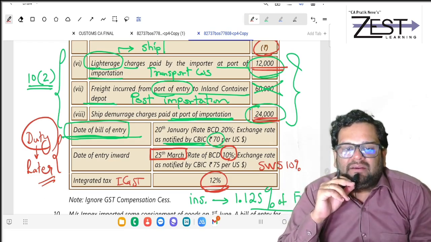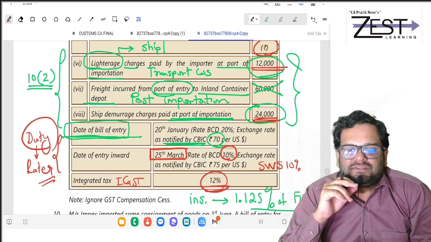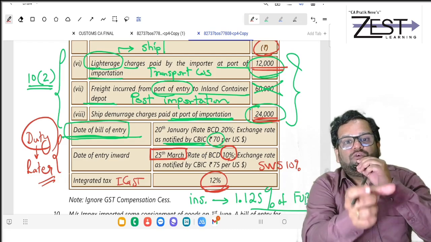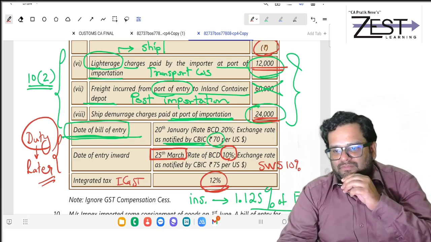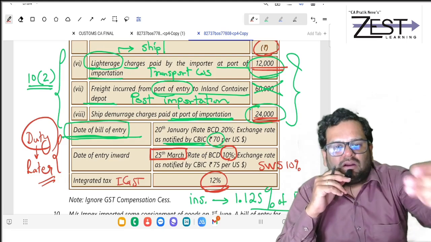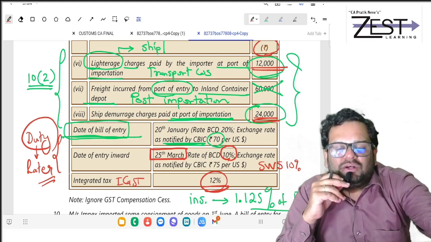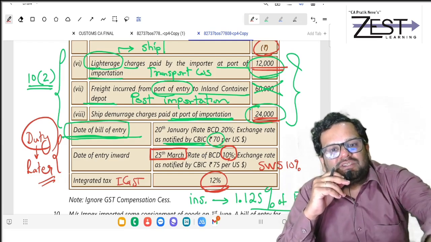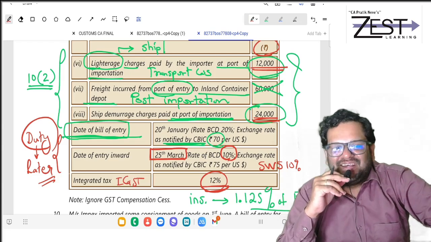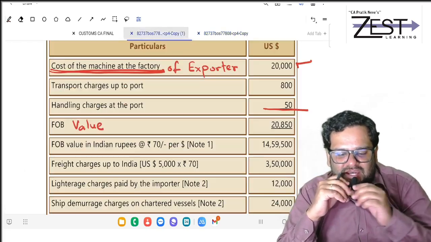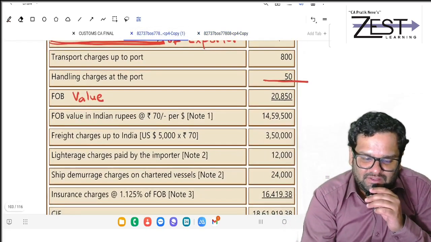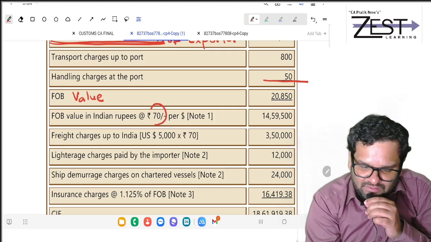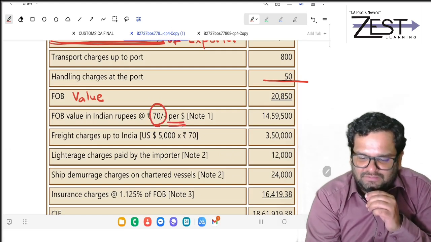How can I add rupees in the dollars? So can I, for my convenience, convert FOB in rupees? Because eventually when I come to CIF, I have to convert in rupees, na? Why not convert in rupees at FOB stage only? Can I convert in rupees at FOB stage only? Yes, sir.